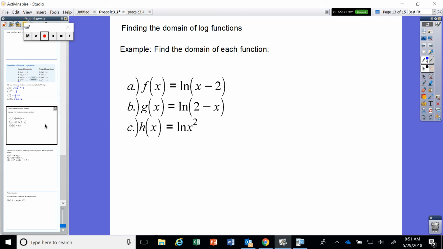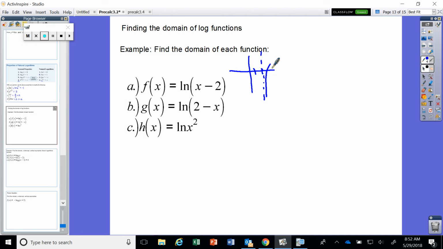Something is happening to either the x values or the y values. So when we have the natural log of x minus 2, that is a shift of the natural log function 2 to the right. A quick sketch of this graph here, guys, shows a shift 2 to the right.